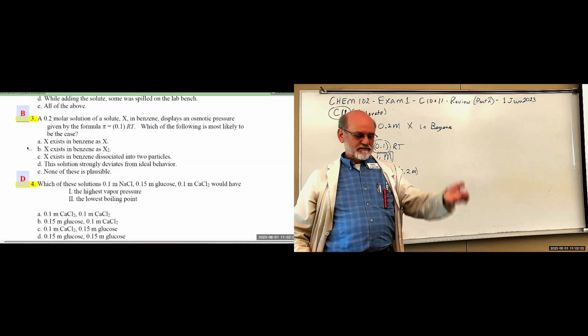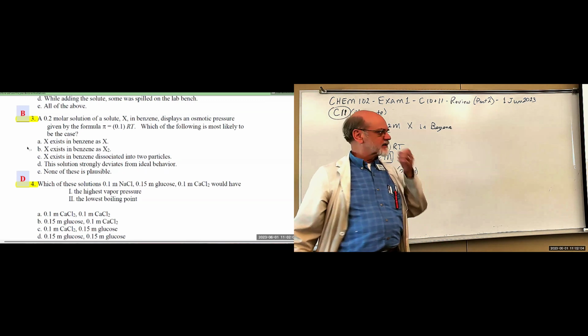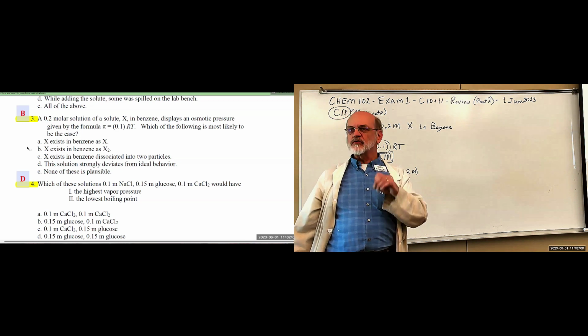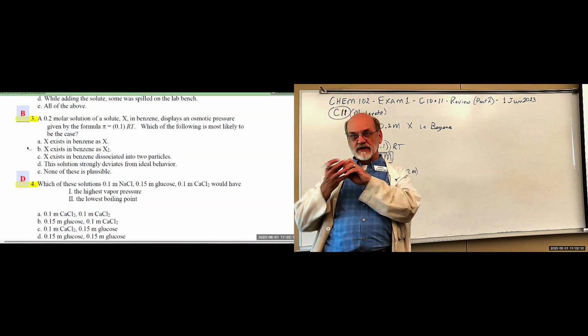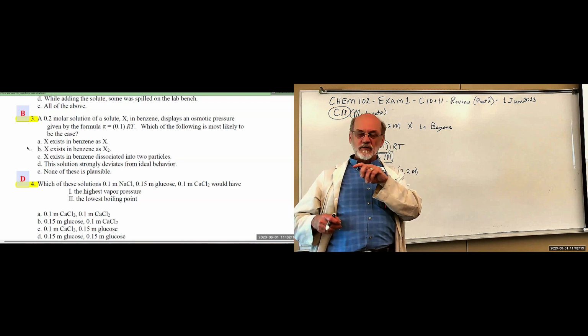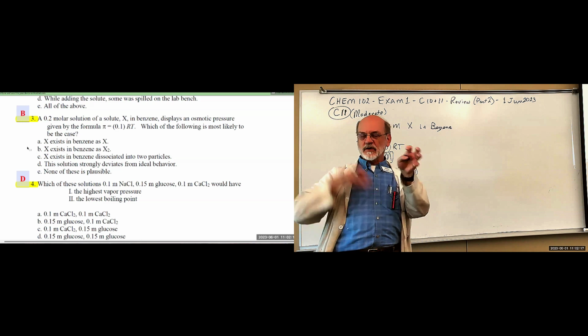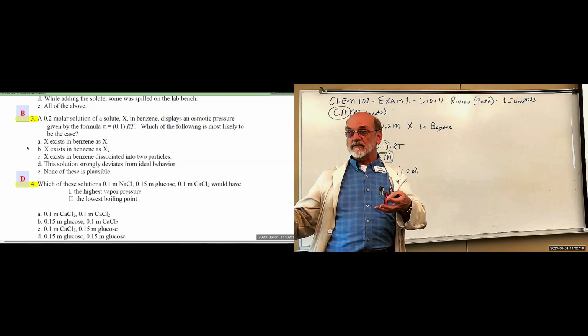Before, why would we use that i value anyway? During our PowerPoint discussions, we used i as whole numbers. For sucrose in water, it'd be 1 because it doesn't dissociate. But sodium chloride would be 2: sodium chloride goes into solution and breaks into sodium and chloride ions, so you have double the molarity of your particles.